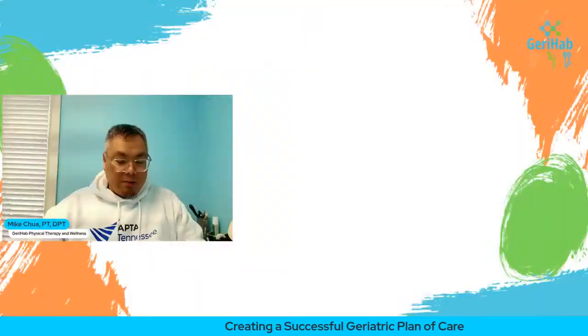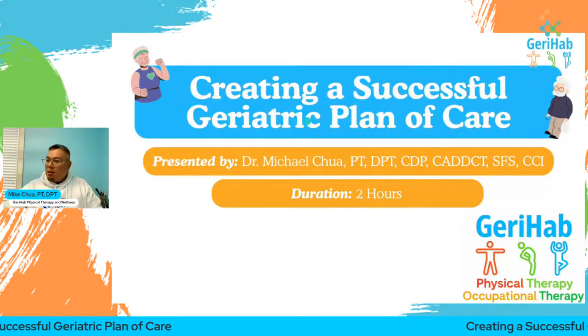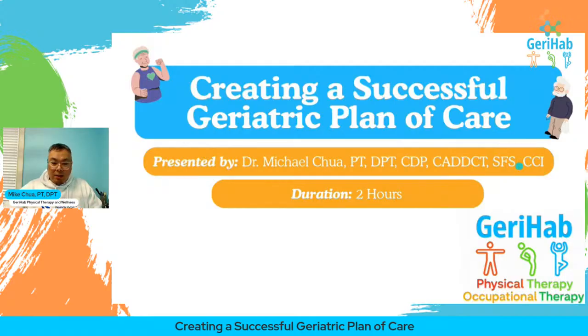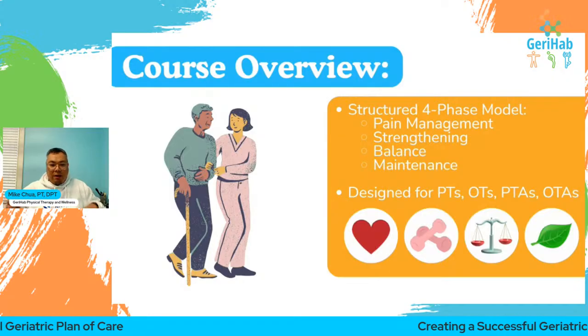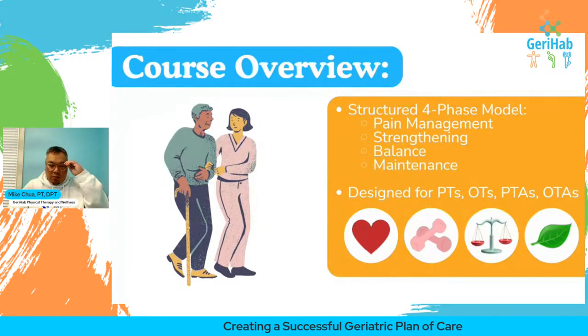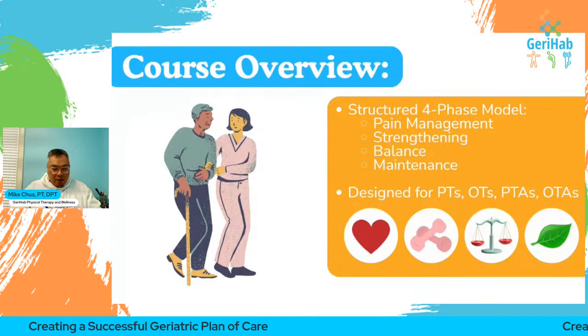Again, let me start our share screen here. Today we're going to be talking about creating a successful geriatric plan of care that we formulated and then created for our patients. The overview here is we have four different phases. This is specifically for Medicare and geriatric patients.